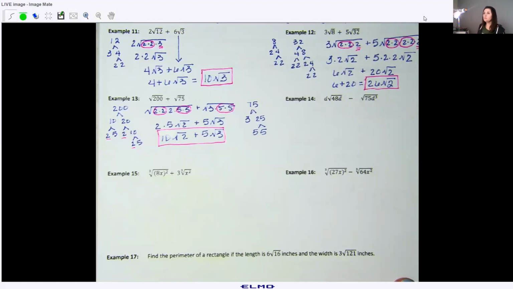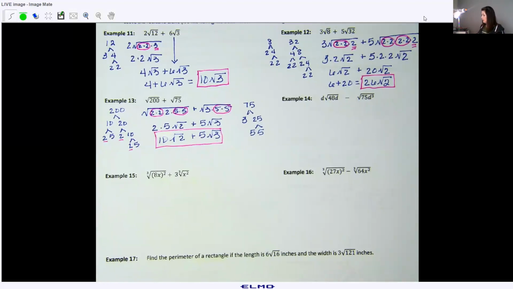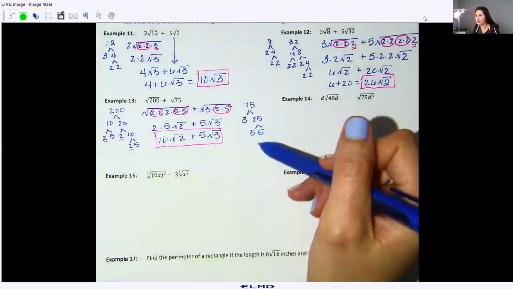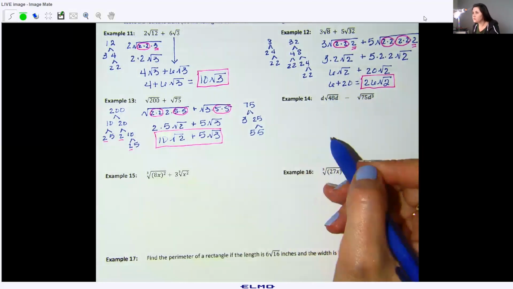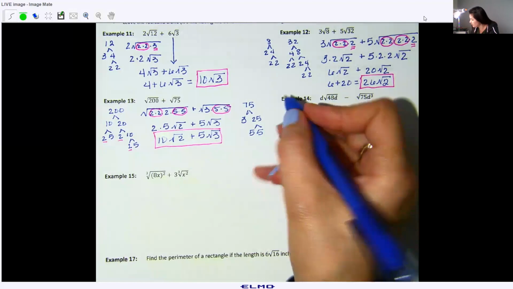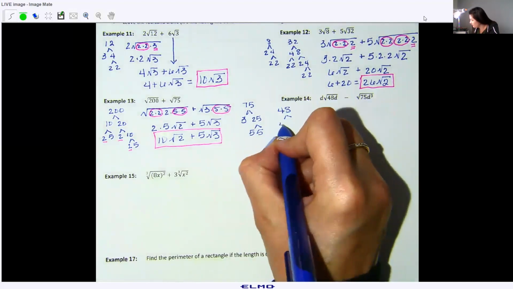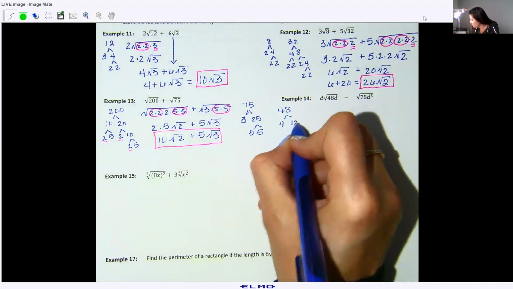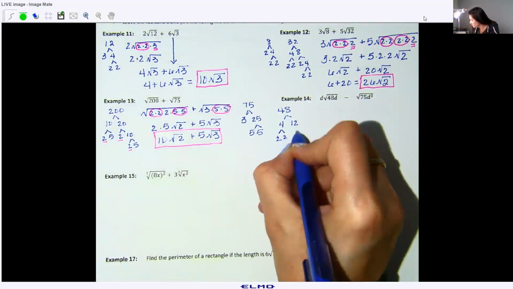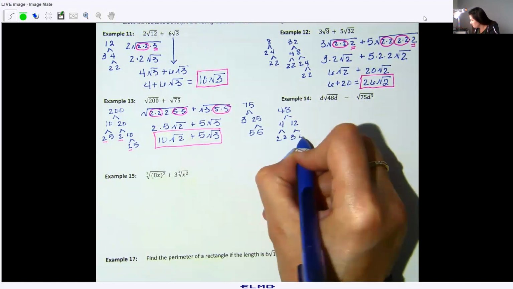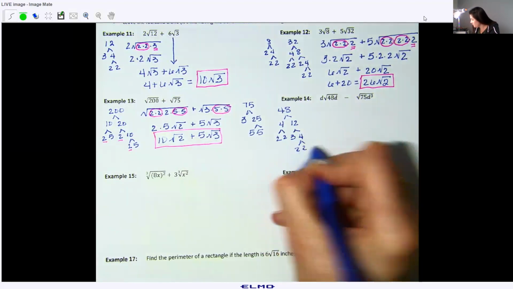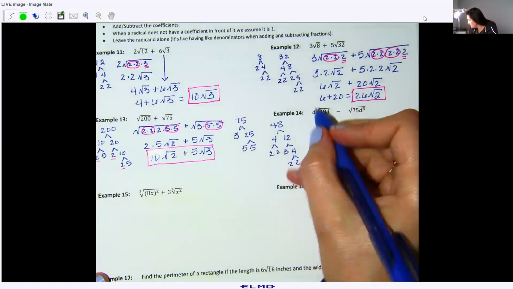Okay, moving on to example 14. We have 48 and 75. Now 75 I already did right here for this problem, so I'll just do 48 and then we'll write this out. So 48, we have 4 times 12. Okay, all right, so let's write this out.